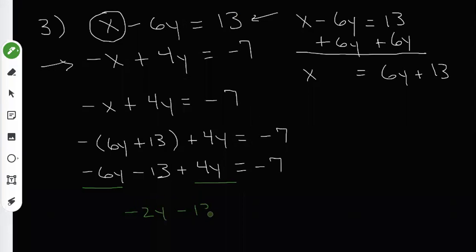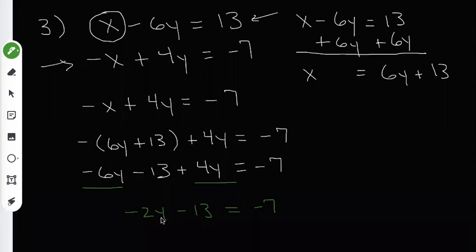But everything else stays the same, right? I still have that minus 13 equals negative 7. All right. So now I've kind of simplified it down a little bit so that the y terms are put together and then the numbers can go off to a side by themselves.